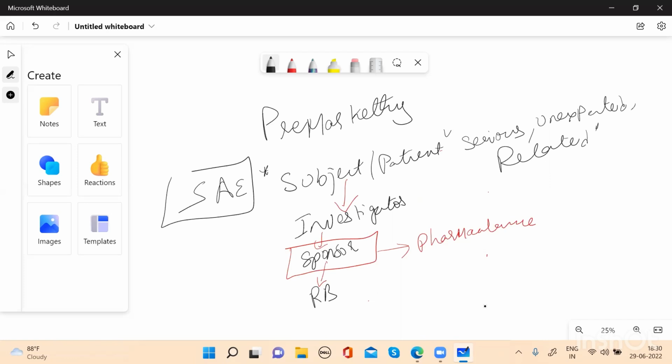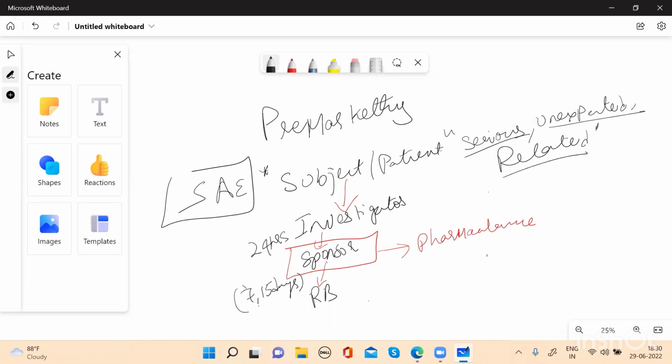The subject will report it to the investigator, and the investigator to the sponsor. The timeline is 24 hours. Then the sponsor to the regulatory body: the timeline is either 7 days or 15 days.